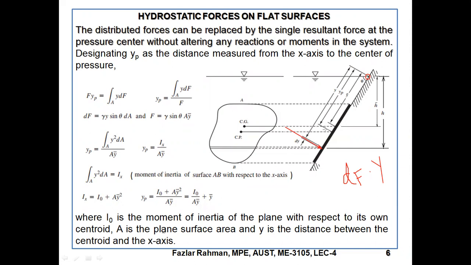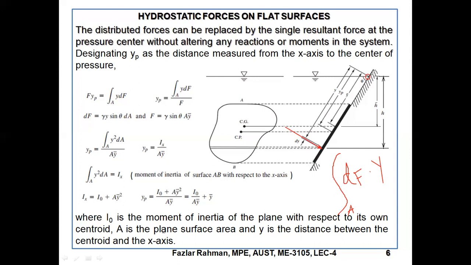If you think that the whole plate has small segments, with width dy, and the force working on each segment is dF, you just make the summation of all the forces. That means you have to integrate dF into y over the area. That will be the total moment of all the forces working here.